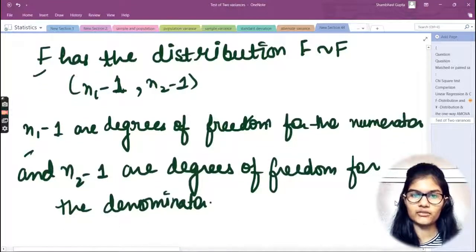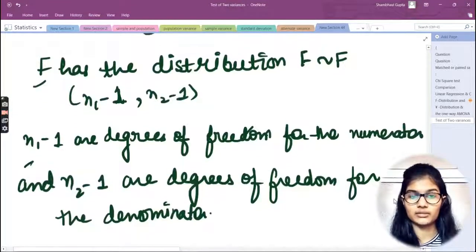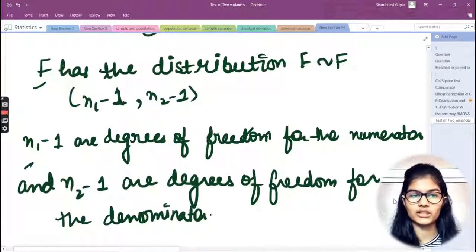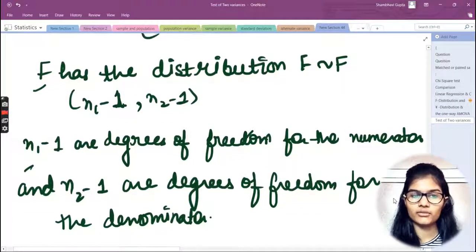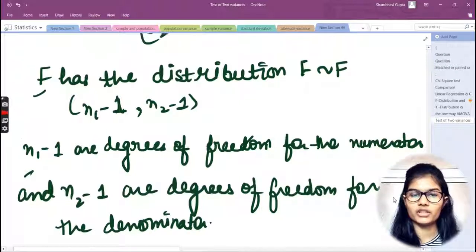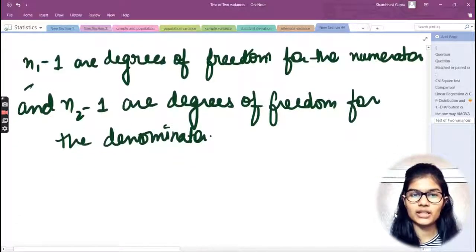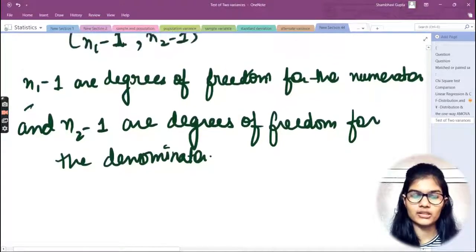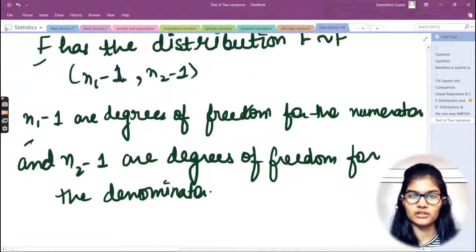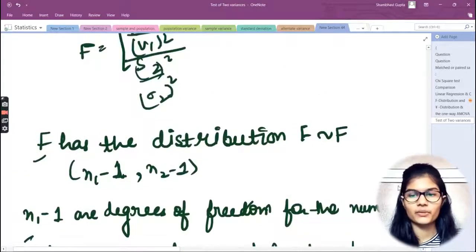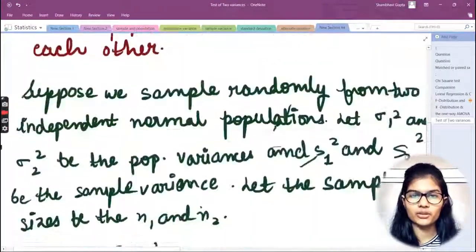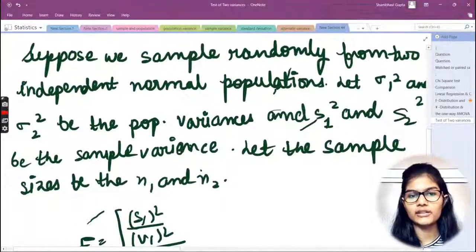It has the F distribution with N1 minus 1, N2 minus 1, where n1 minus 1 are degrees of freedom for the numerator and n2 minus 1 are degrees of freedom for the denominator.